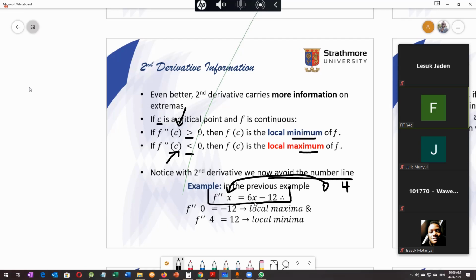Then I find the value. 6 multiplied by 0 is 0. So I remain with negative 12. It tells me that the local maxima is hit at this point. If x is 4, fix it here. Then I hit 12. Then I say this is a minimum point. So the second order derivative carries more information about how to get the minimas of a graph.